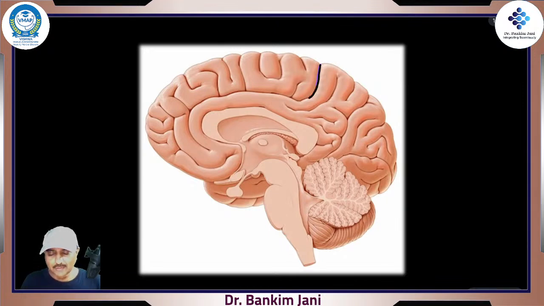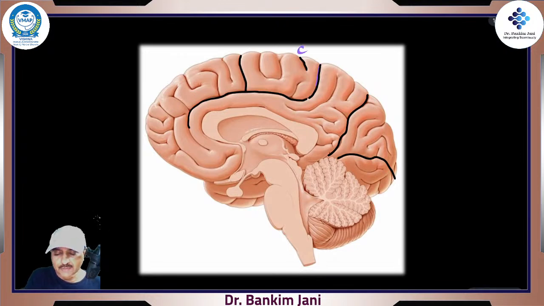So this is marginal sulcus, central sulcus. This is paracentral sulcus. This is parieto-occipital, right? This one would be the calcarine sulcus. Continue with this. This one is all the way, and that is the cingulate sulcus, right?